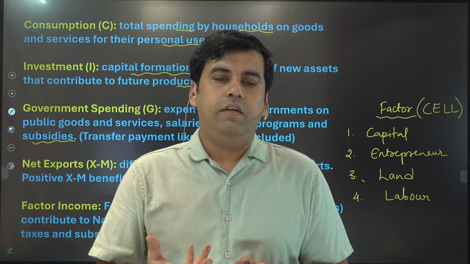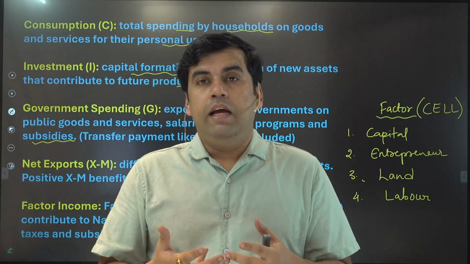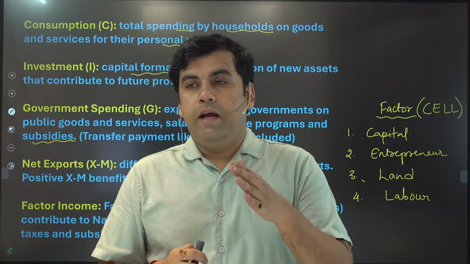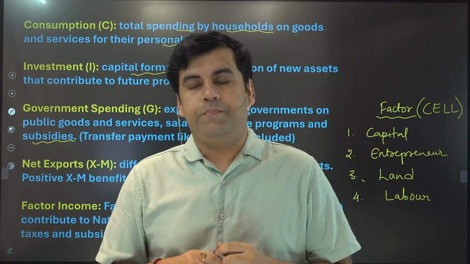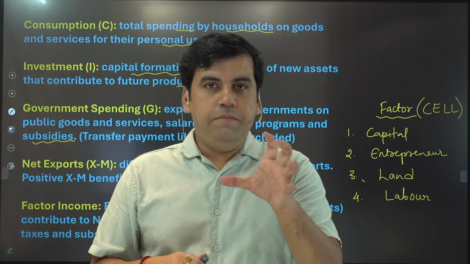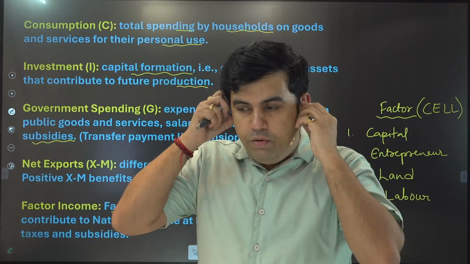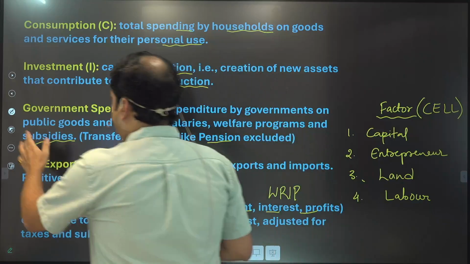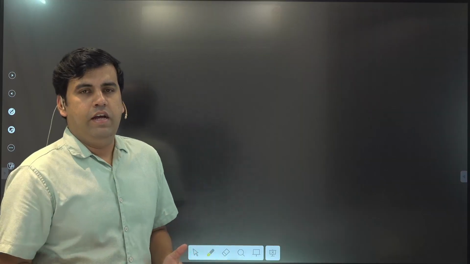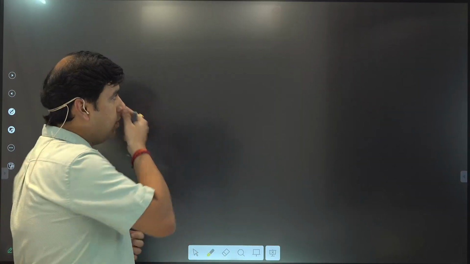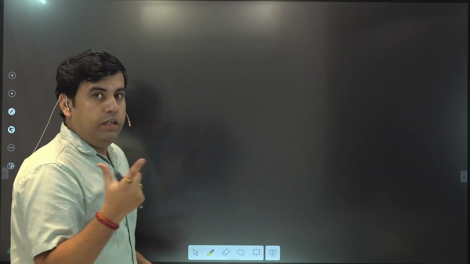After this, what is left is how the other stages of this calculation are created. First we get the basic GDP. Here I would like to give you a numerical. We have already done this, but I just want to revise it. You have to calculate basic GDP.